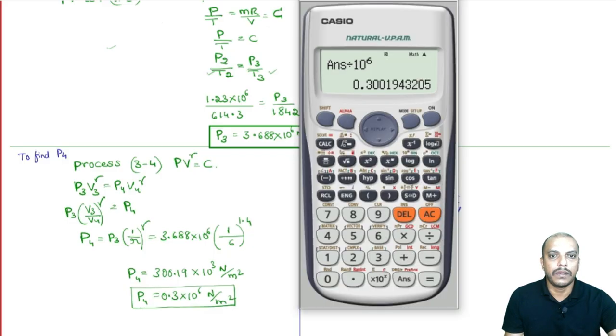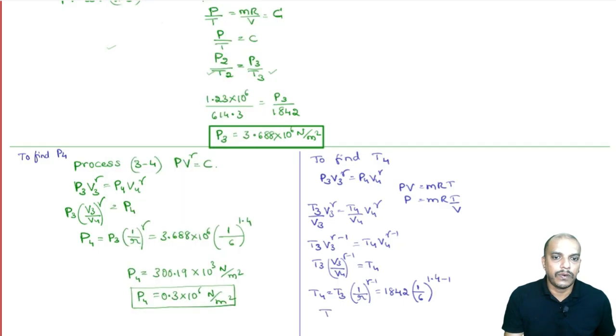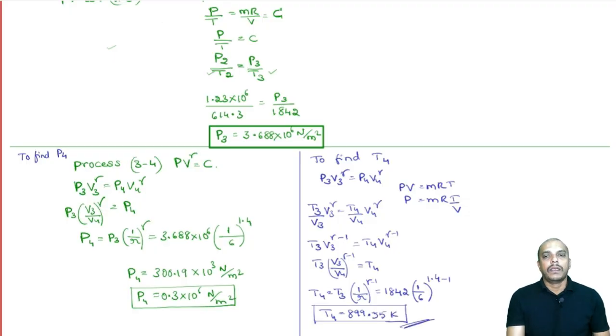So, that will give us the value of T4. 1842 into (1 by 6) whole power 0.4 will be 899.55 Kelvin. So, T4 is equal to 899.55 Kelvin. All right. Thank you.